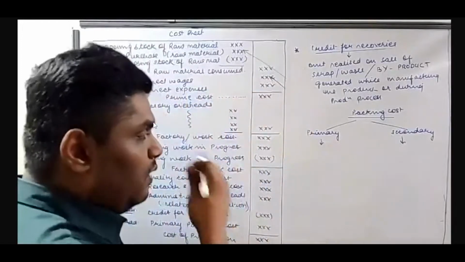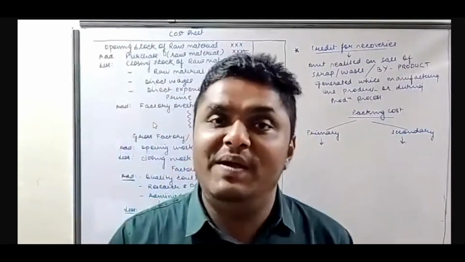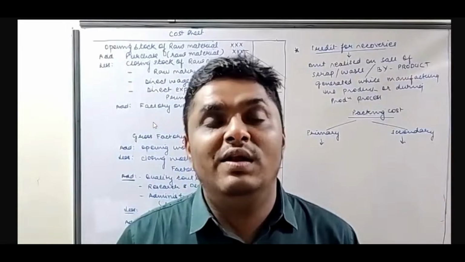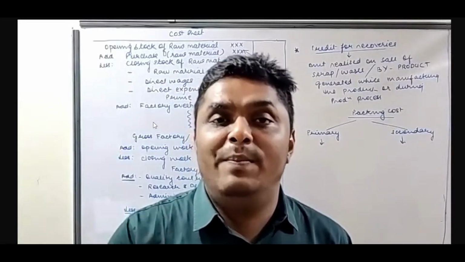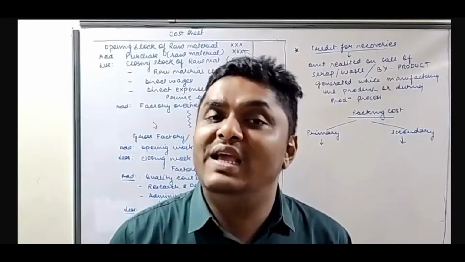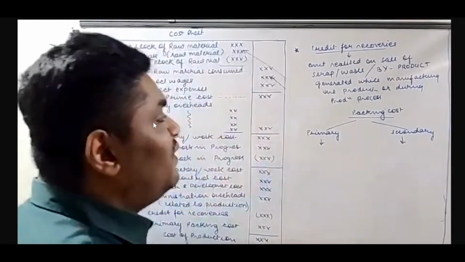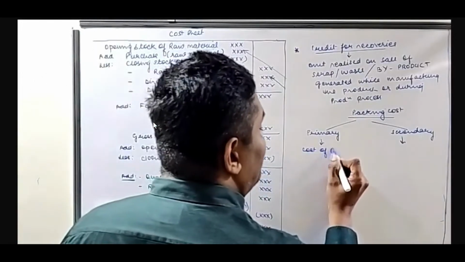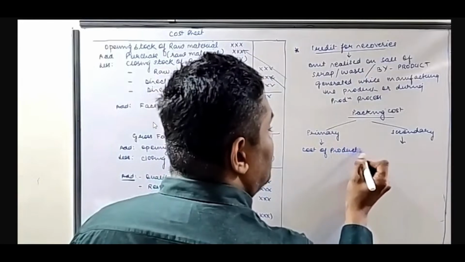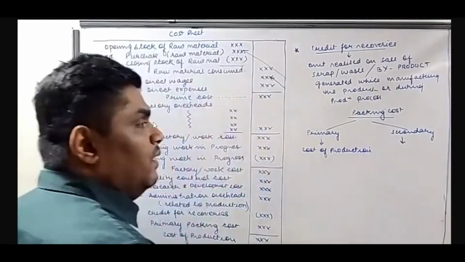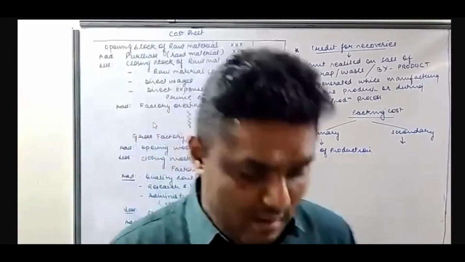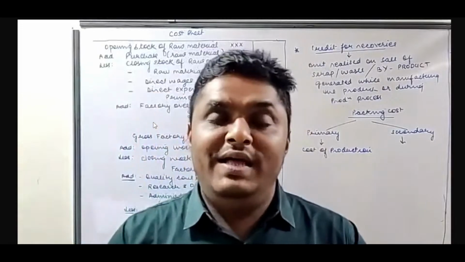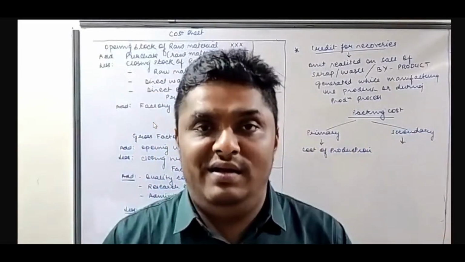So without these bottles, the Fruity cannot be sold in the market. So the cost of that bottle is my primary packing cost. So primary packing cost, we can say the cost of the Tetra Pak, or the cost of the bottle, or the cost of the plastic bag in which we get milk every day in the morning. This is what we call the primary packing cost, and it will form part of cost of production. But when talking about the secondary packing cost, let's say 10 bottles are packed in a separate carton.